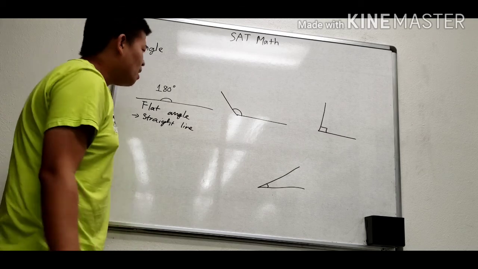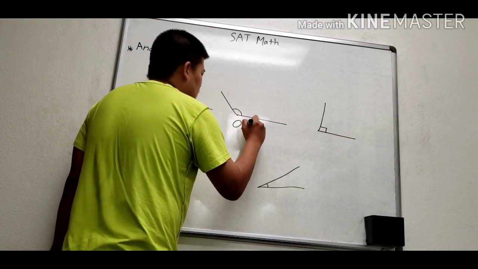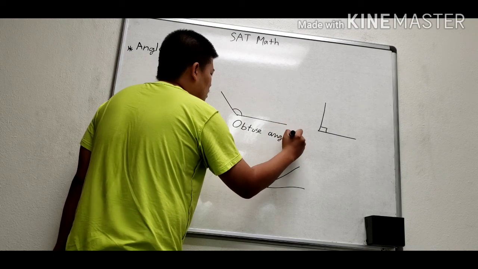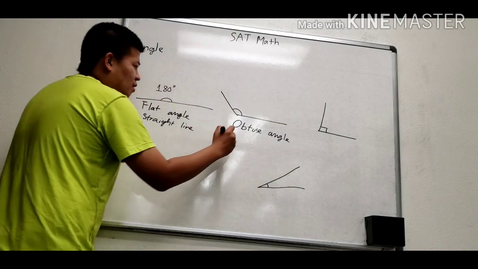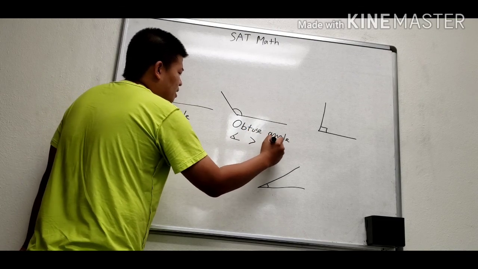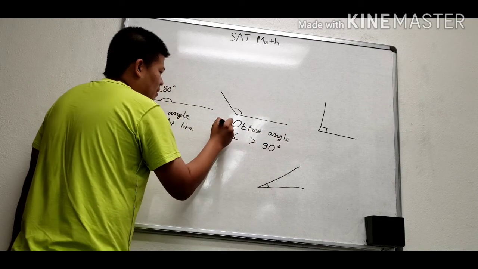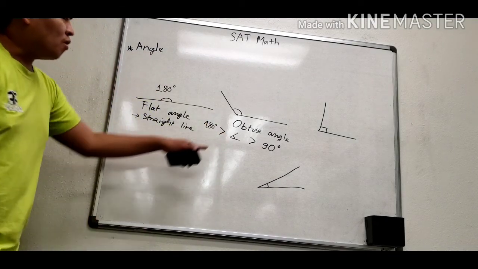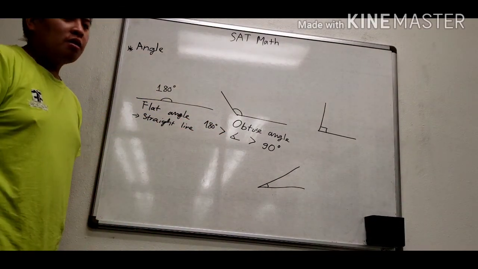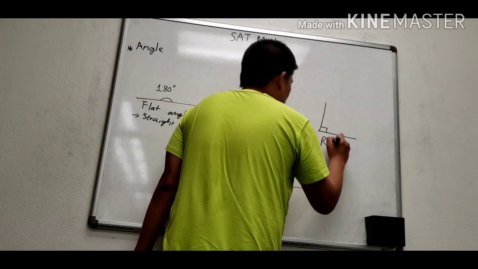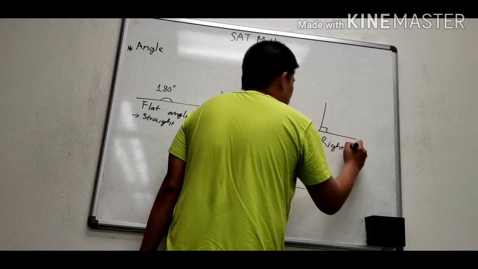The next one is the obtuse angle. This means the angle should be more than 90 degrees and below 180 degrees, so we call it an obtuse angle. The next one is the right angle.